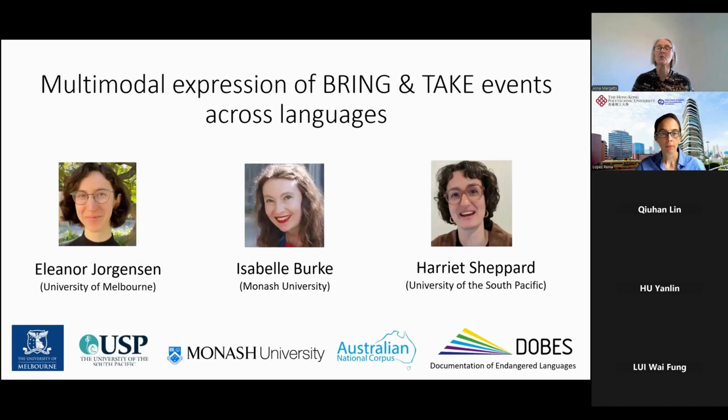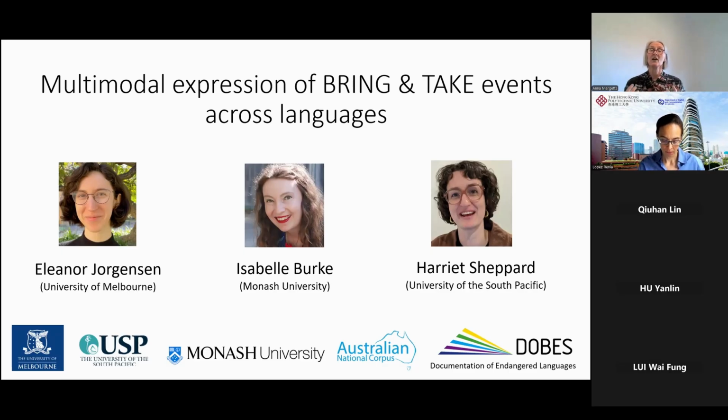I now have to introduce you to my collaborators who are co-authors in a study that I will get into eventually. So there's Eleanor Jorgensen from the University of Melbourne, Isabel Burke at Monash University, and Harriet Shepard at the University of the South Pacific. And I also want to acknowledge the data corpora. We worked with the Australian National Corpus and the Documentation of Endangered Languages archive material.